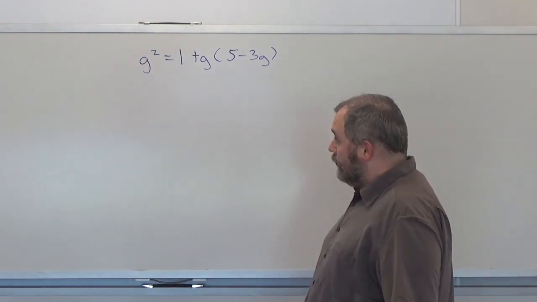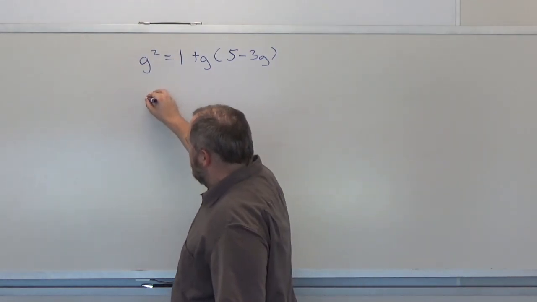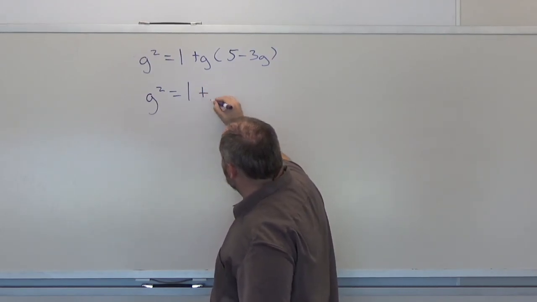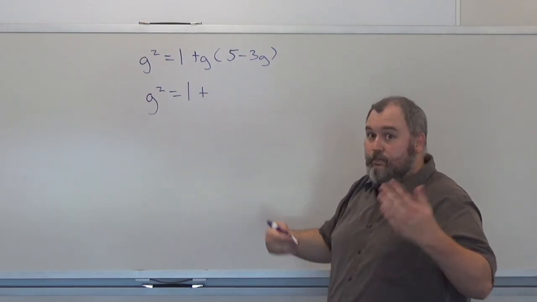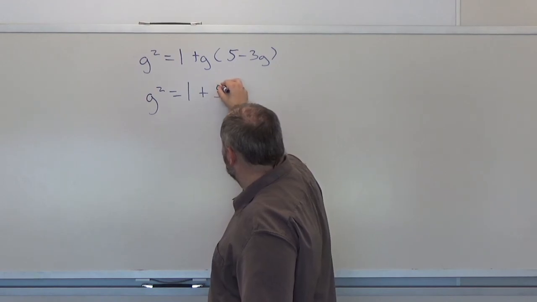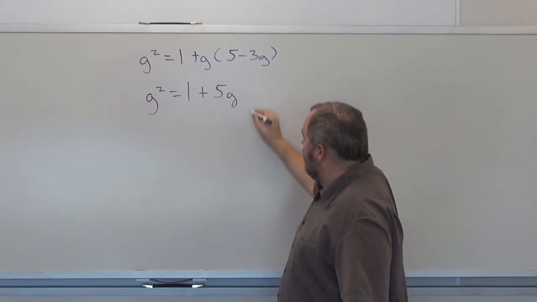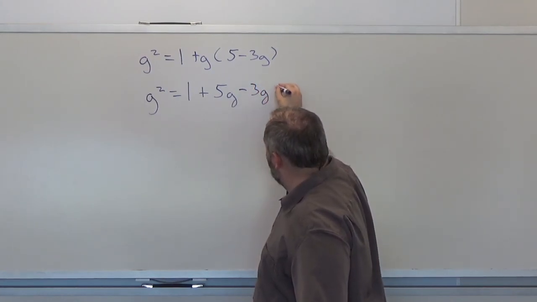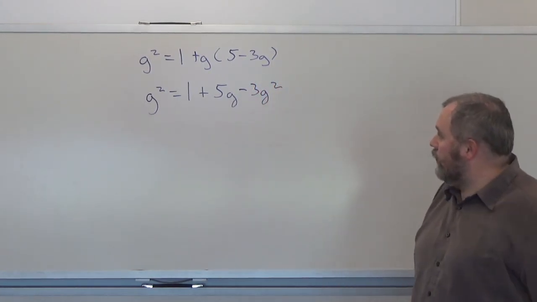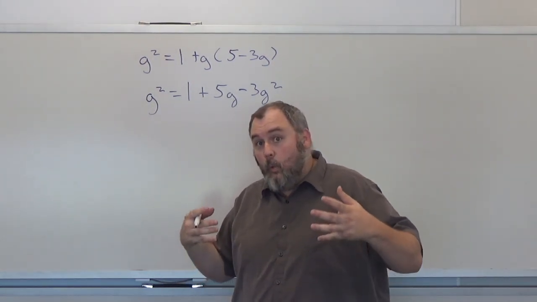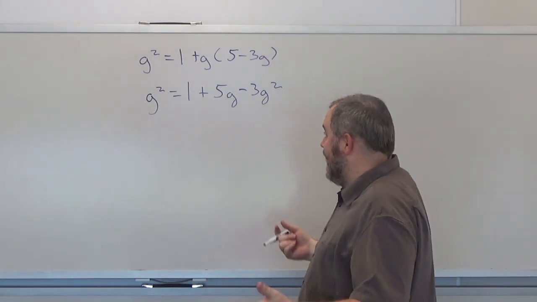Alright, so let's do this. g squared is equal to 1 plus, well, what's g times 5? 5g. g times negative 3g is negative 3g squared. Alright, so let's keep trucking. Our job now is to get everything on one side of the equation so that it's set to 0.